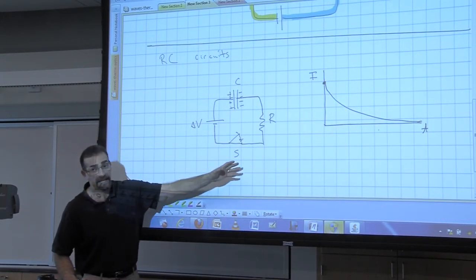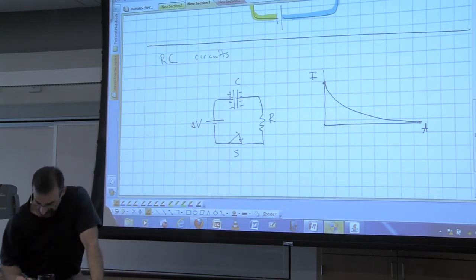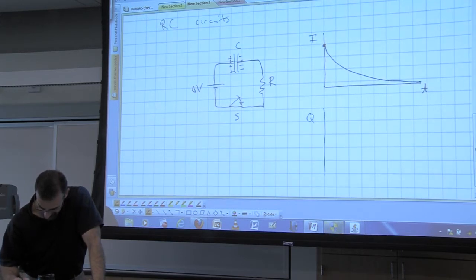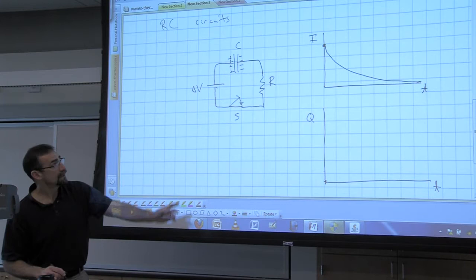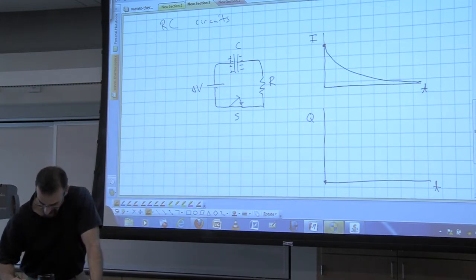We could also think of it as charge on the capacitor. What would it look like if we looked at the charge on the capacitor as a function of time? Well, at t equals 0, there's no charge on that capacitor, the instant we close the switch.